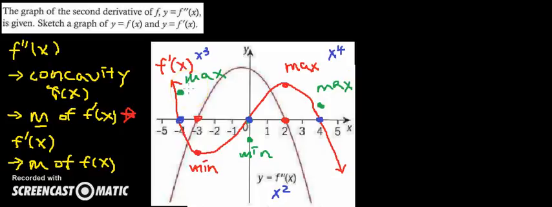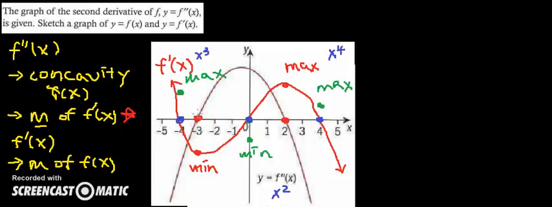We need to consider our concavity. So for concavity, we are going to look at our second derivative graph. Everything before -3 is negative, which means if I look at my green, which is my f of x, everything should concave down. And concave down until -3, right? Until -3.